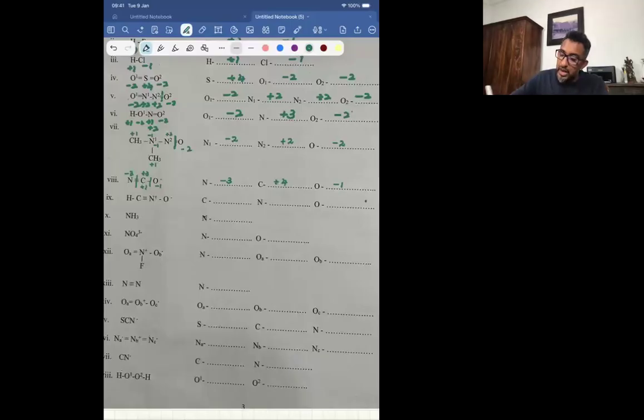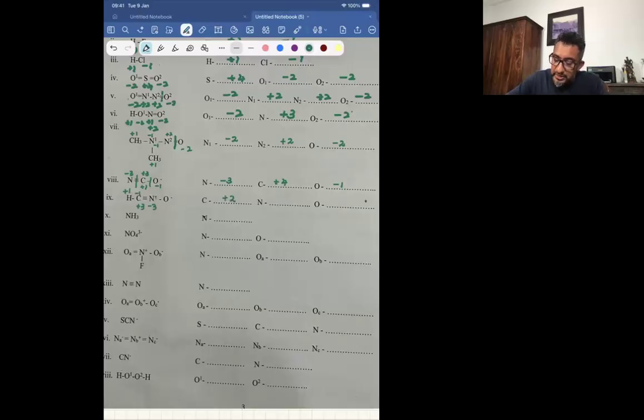Right? Carbon, nitrogen, oxygen. Carbon and nitrogen. Nitrogen is more electronegative. -3. And this is +3. Hydrogen and carbon, this is -1. Hydrogen is +1. So carbon is +3 -1, +2.